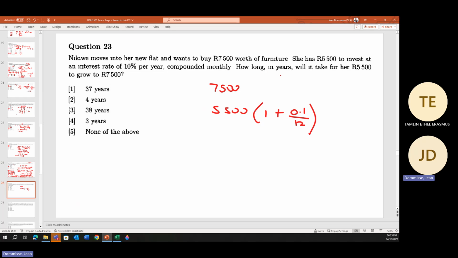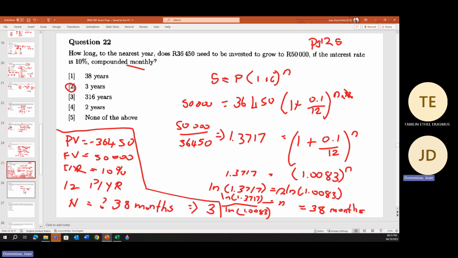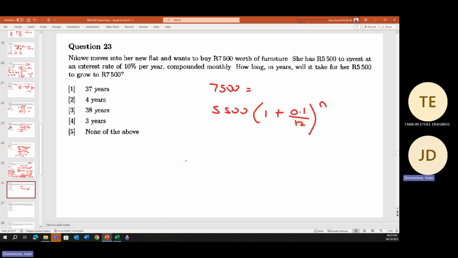How long in years will it take for her 5,500 to grow to 7,500? Very strange. It's nearly exactly the same problem that we need to work out.